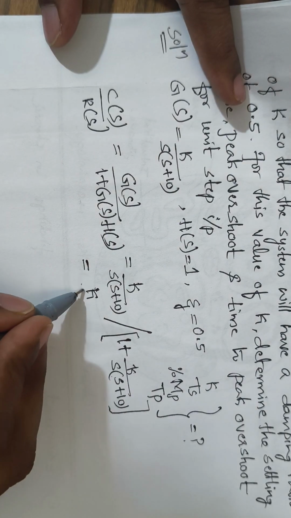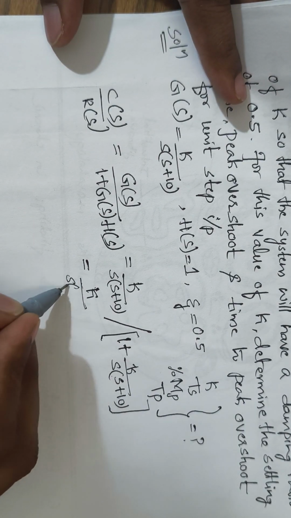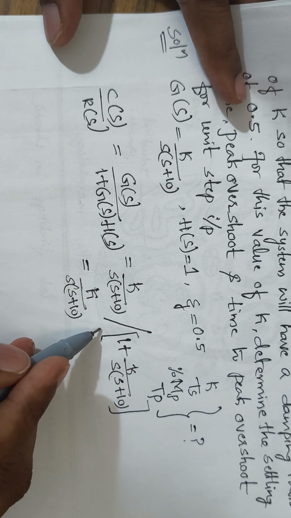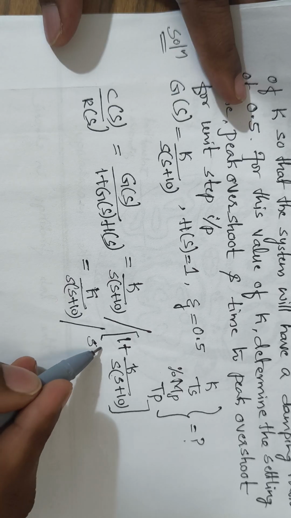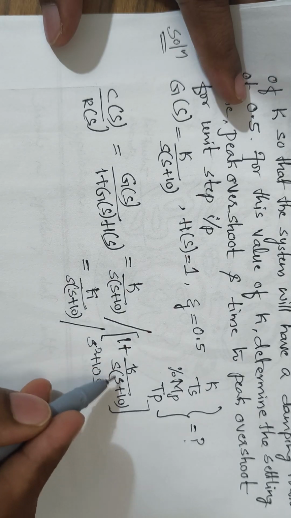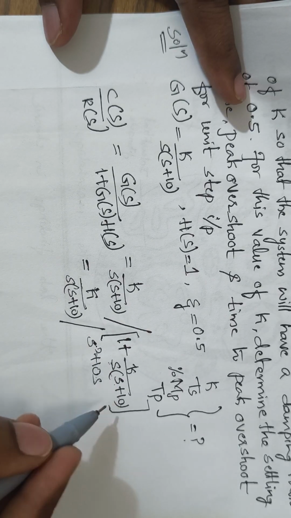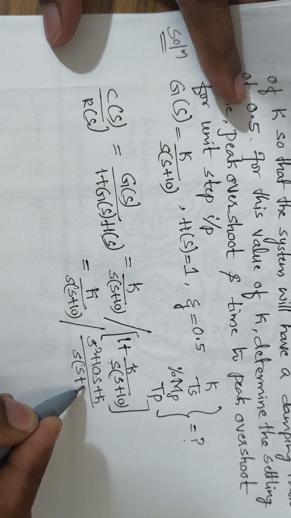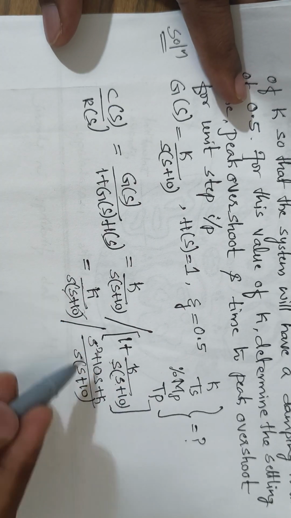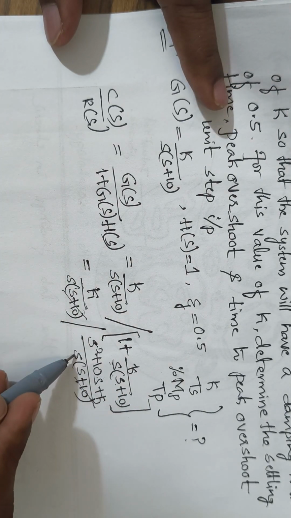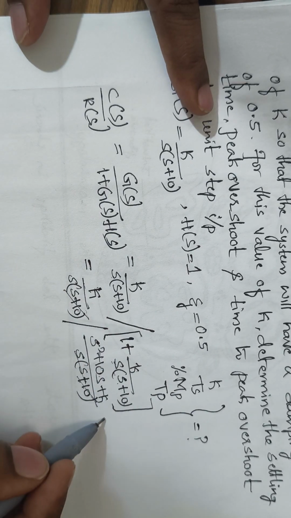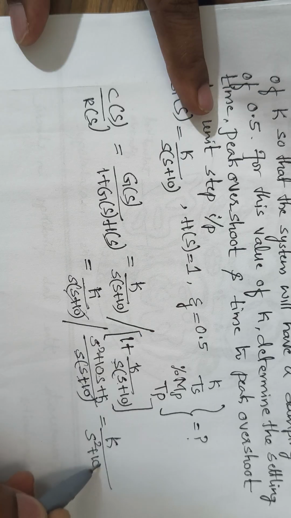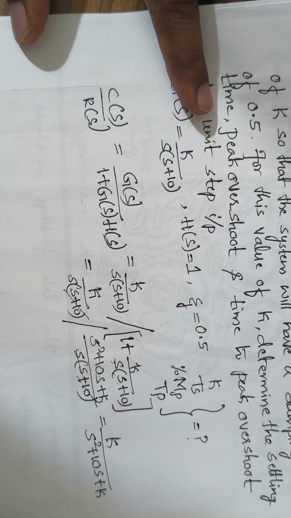You will get s into (s + 10) as it is in the numerator, whole divided by s square plus 10s plus K, divided by s into (s + 10). Now these two denominators get cancelled. So what remains is K divided by s square plus 10s plus K.